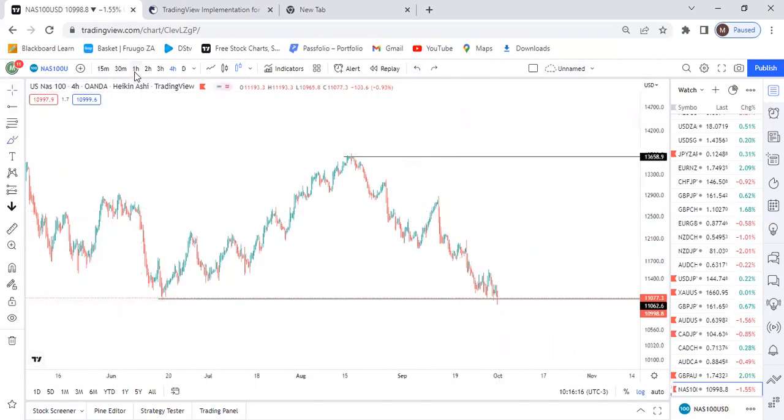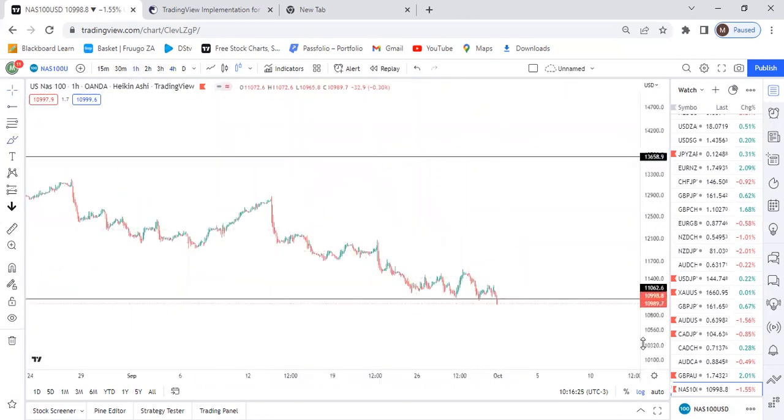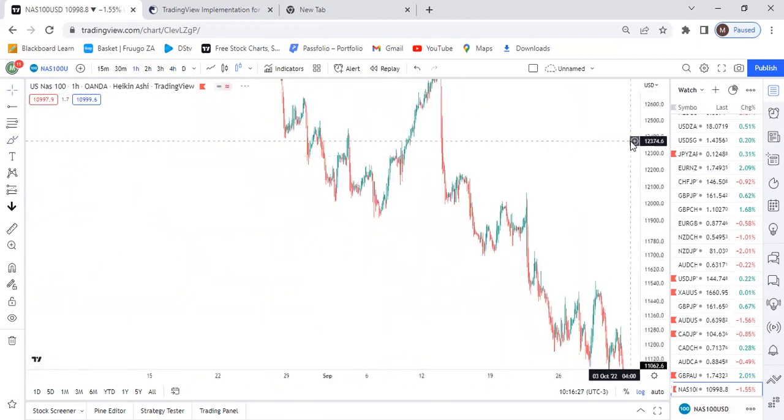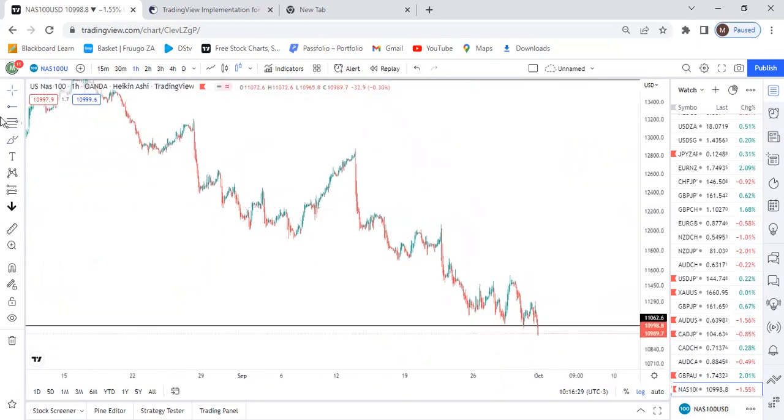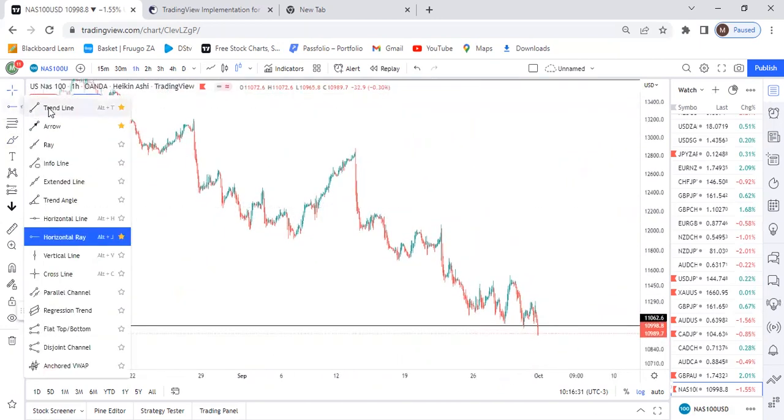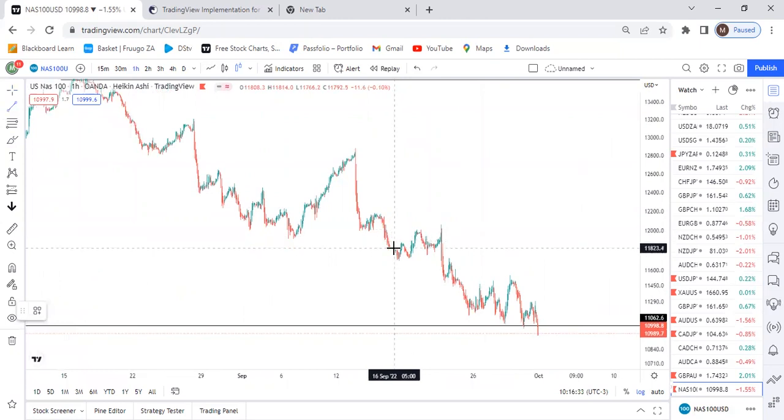So we're just gonna scale into my 1 hour and see what's happening there from the 4 hour time frame. So in the past market, you can see we had these nice corrections where you could have utilized and traded them.